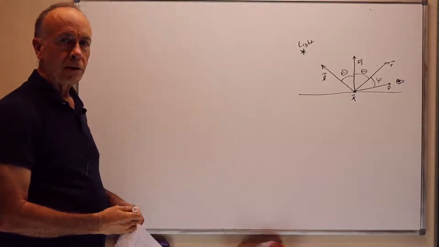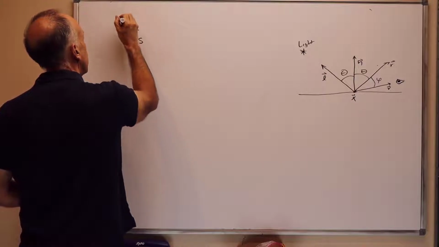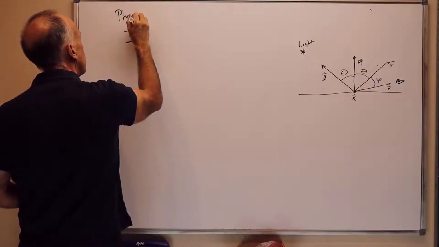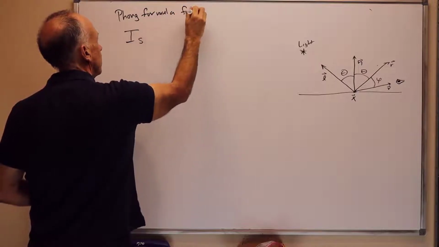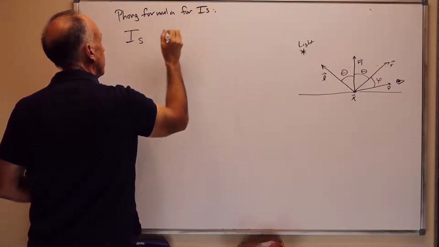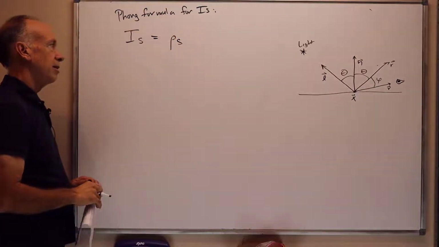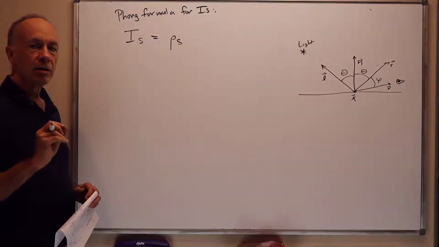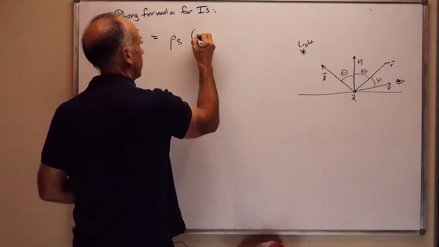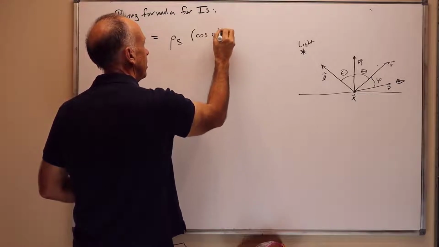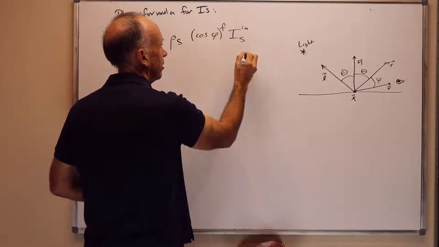Next, we can give the formula for I sub S. This is the formula used typically in Phong lighting. So I sub S is equal to rho sub S, the specular reflectivity coefficient, times, here's a new factor, cosine of phi to the f, times I_in,S.